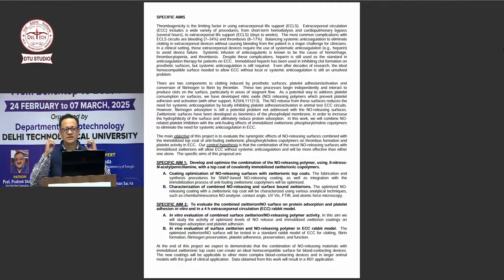So in very simple language, you are trying to tell your reviewers, who are scientists, in scientific language, you are explaining your science. Then I'm saying, here is my specific aim 1, here is my specific aim 2, that will help me show this synergy. My aim 1 is, I'll make the NO releasing surface and I will covalently bind the zwitterion surface.